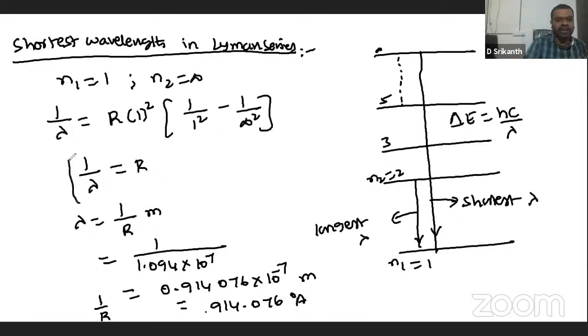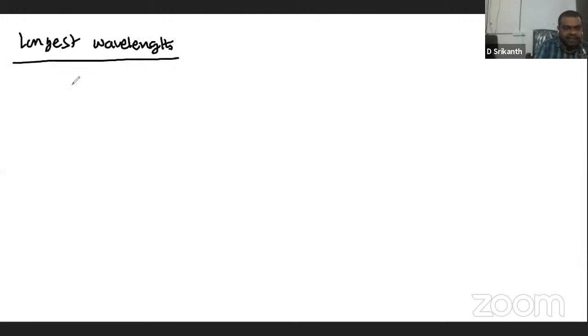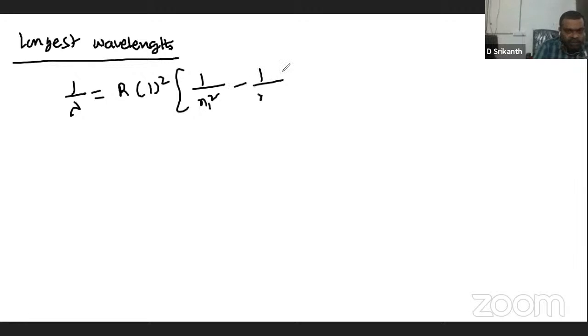So the shortest wavelength in the Lyman series is 1 by lambda equal to R. Similarly, for the longest wavelength in the Lyman series, 1 by lambda equals R into 1 by n1 square minus 1 by n2 square, with n1 equal to 1 and n2 equal to 2.